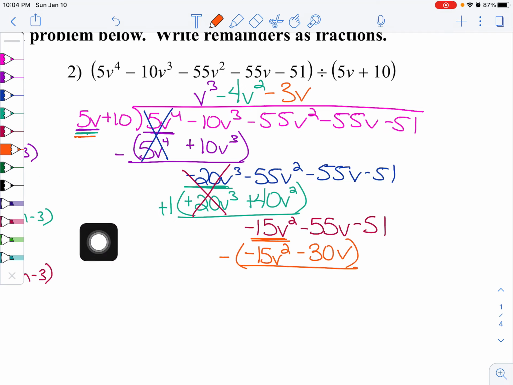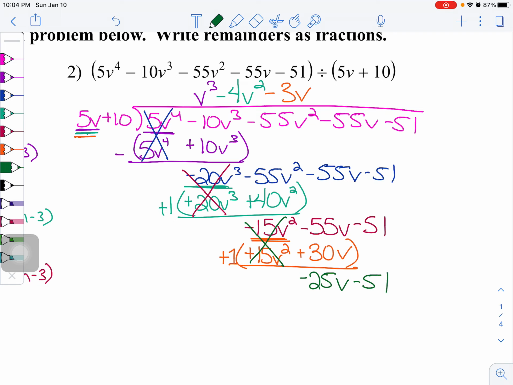Lots of negatives in this problem, so be careful with those. Again, you could take this negative and distribute it in. So a negative times a negative is a positive, and then also that one becomes positive. So remember, you'd be multiplying by a negative 1 out front. So leading terms cancel, as they should. And we've got negative 25v there. Yep, minus 51.